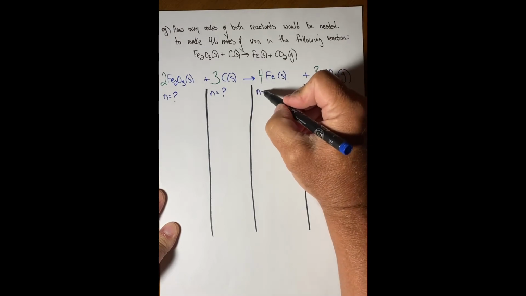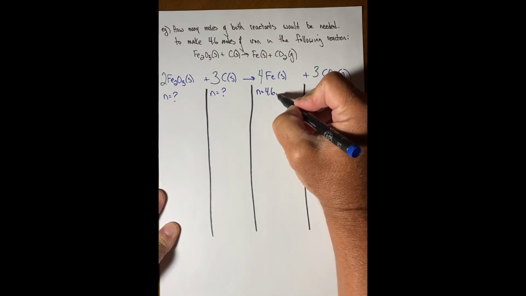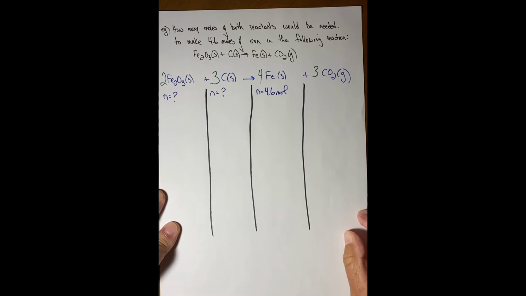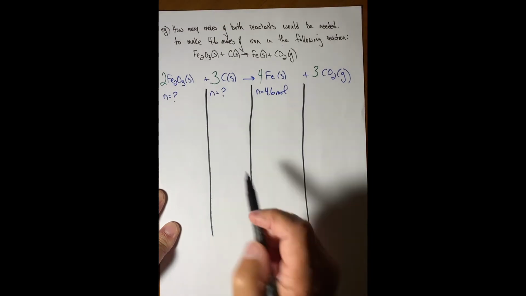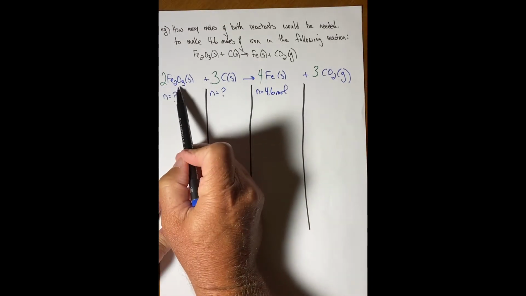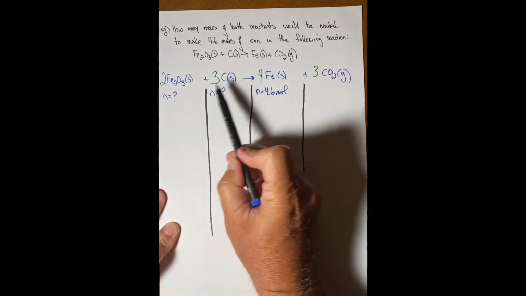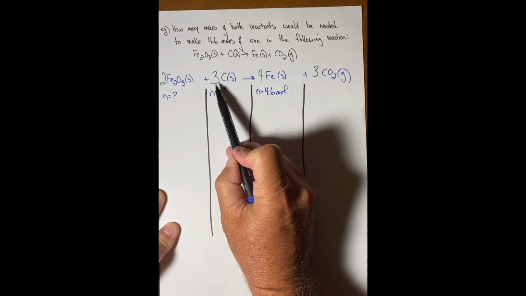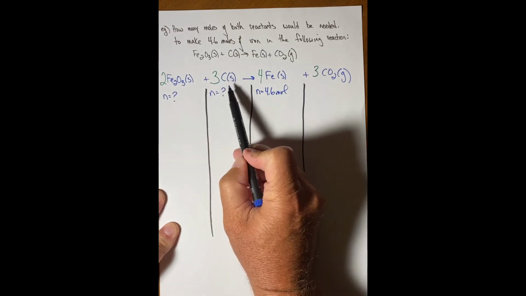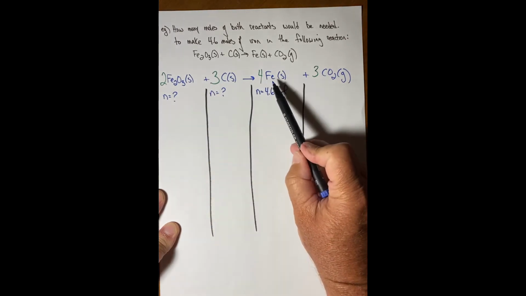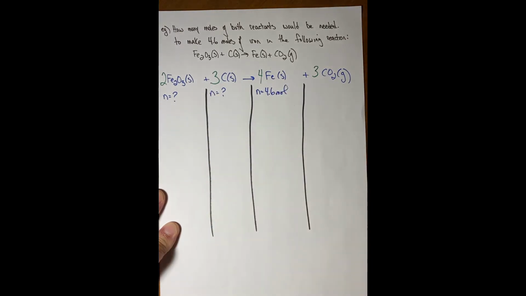In this case, we want to make 4.6 moles of iron. Now remember, the original ratio is 2 moles of iron 3 oxide, 3 moles of carbon. And when you react them together, you're going to make 4 moles of iron and 3 moles of carbon dioxide.